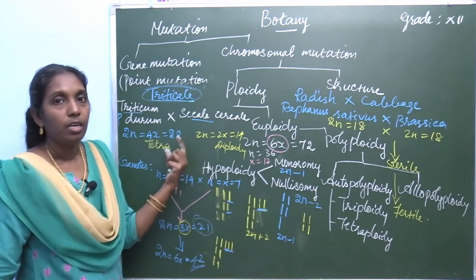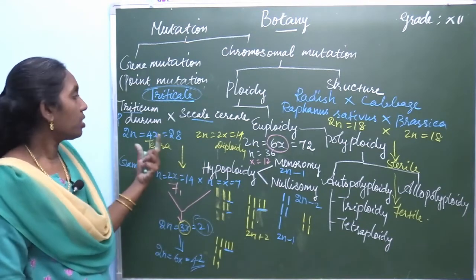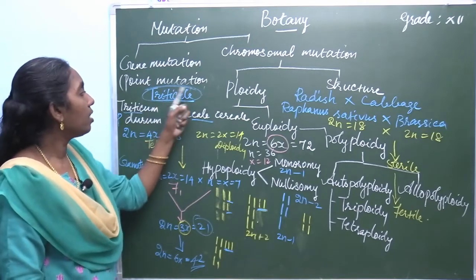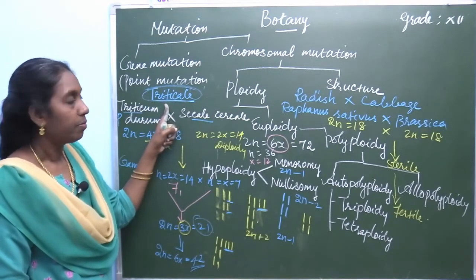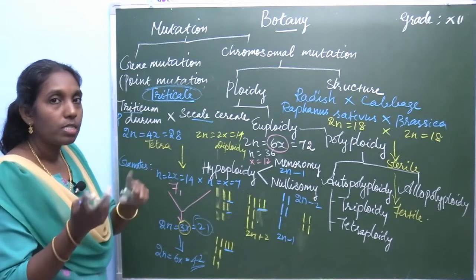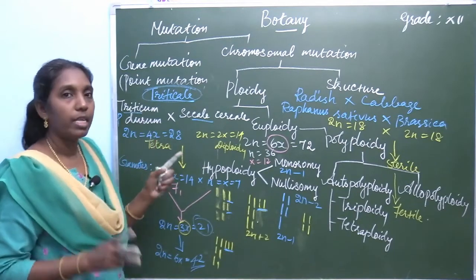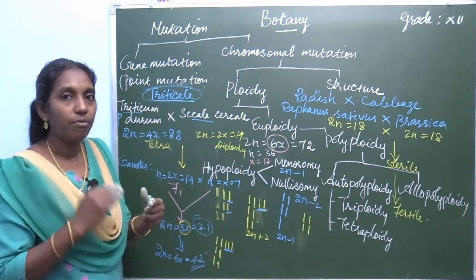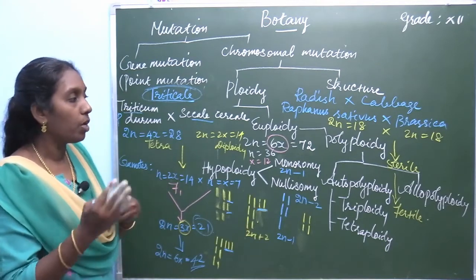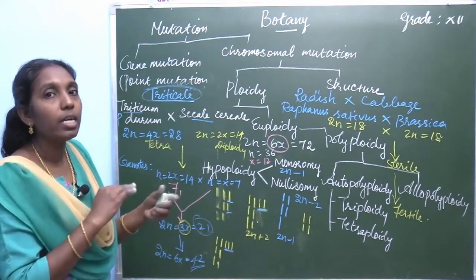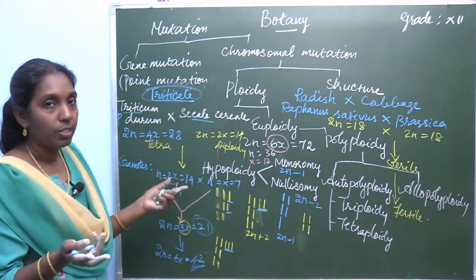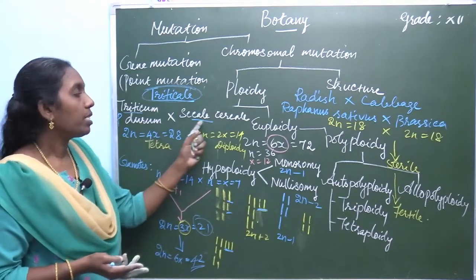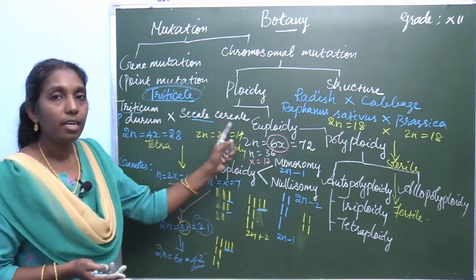Very important, 5 mark also they may ask, or the man-made cereal is known as triticale. It is a cross between Triticum durum, a wheat, and a rye. Two different species, so it is allopolyploidy, increasing the chromosome number with two different species.